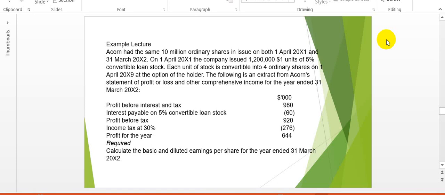So let's look at the requirement: to calculate the basic and diluted earnings per share for the year ended. The basic EPS is the one you compute without taking into account the possible or the potential dilution.